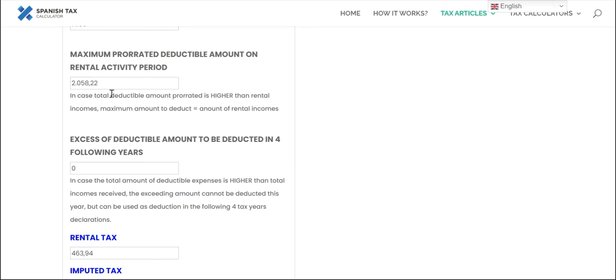So as this amount is lower than the rent that you have received, there is no excess to deduct in the following years.